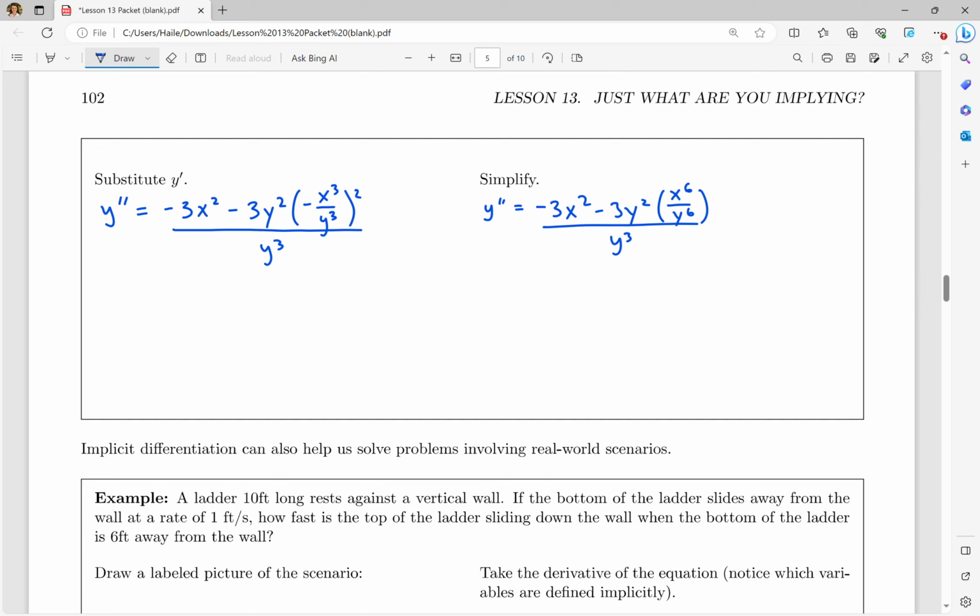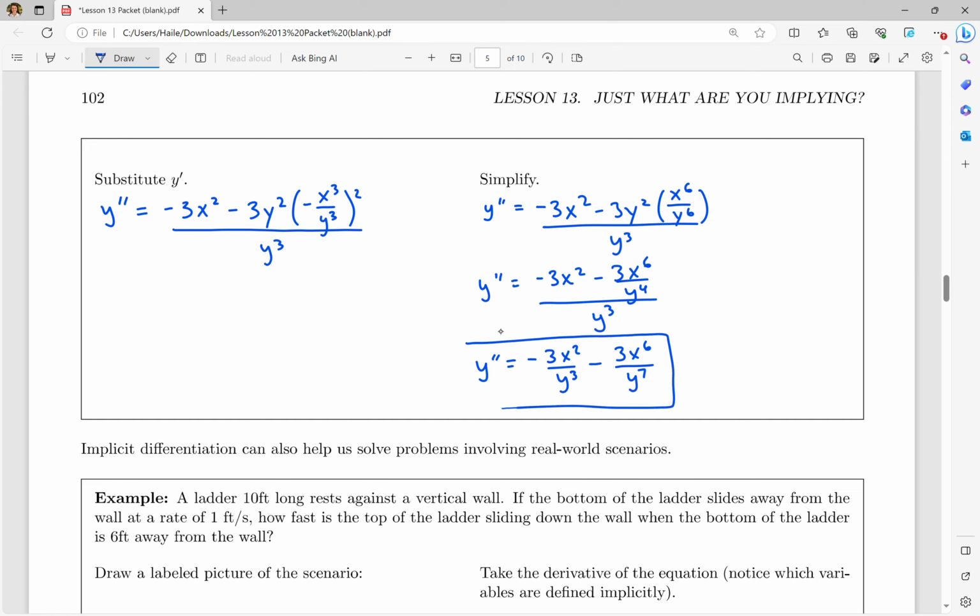If we multiply that fraction times the negative 3y squared, we get negative 3x squared minus 3x to the 6th over y to the 4th, all over y to the 3rd. So my final second derivative is negative 3x squared over y cubed minus 3x to the 6th over y to the 7th. All right, and so this is my final answer.